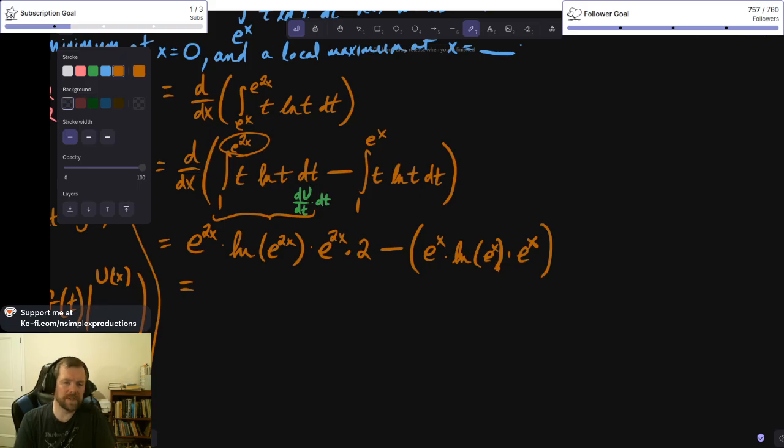Which then is going to get us, the two e's are going to multiply together, so e to the 2x times e to the 2x is e to the 4x, times natural log of e to the 2x, which is going to be 2x, times the 2 from the end. Okay, minus e to the x times e to the x is e to the 2x, times natural log of e to the x, which is just x.